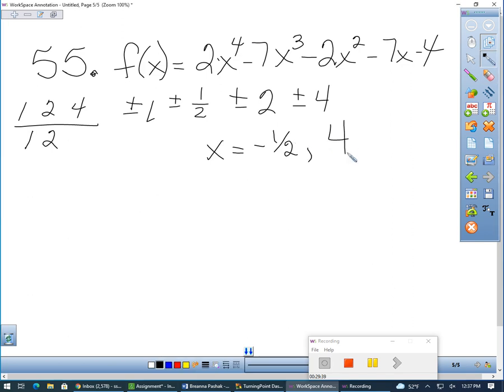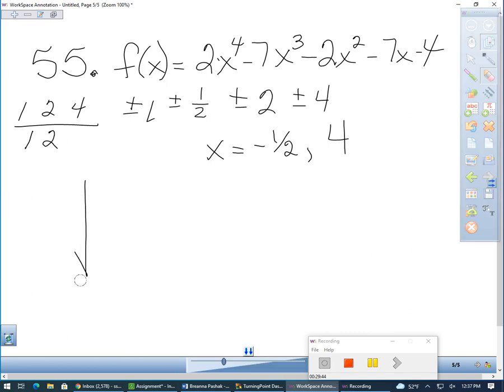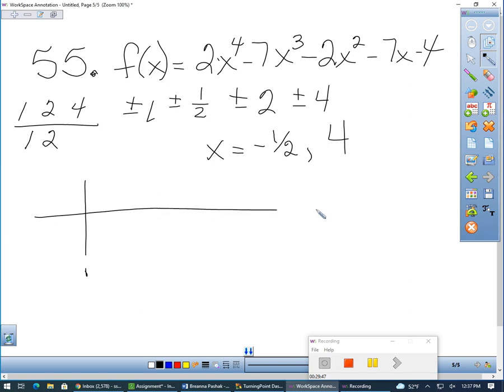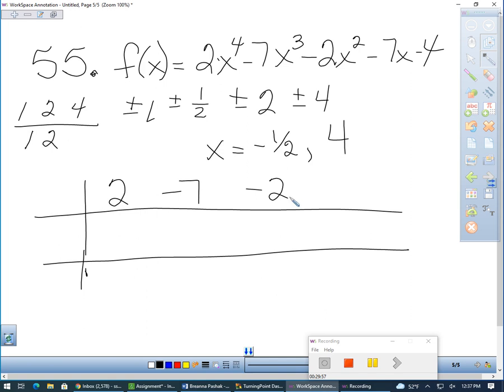All right, so let's go ahead and do our synthetic division. Which one do you guys want to start with, the 4 or the -1/2? 4. Okay, so we have 2, negative 7, negative 2, negative 7, negative 4.